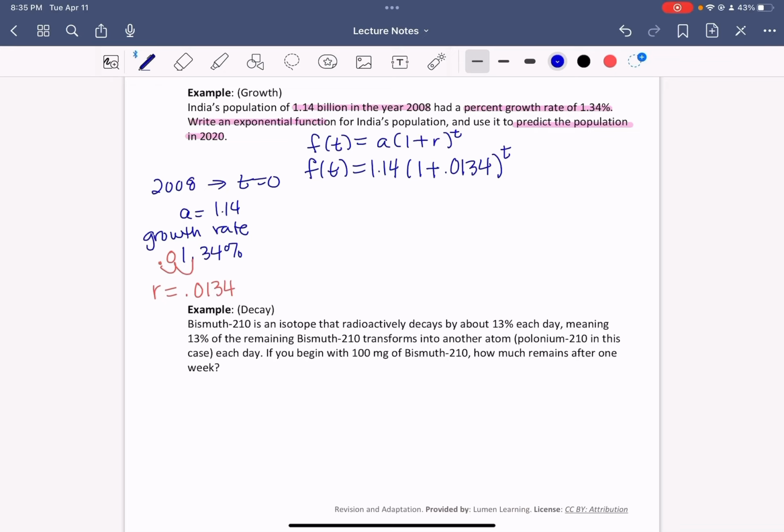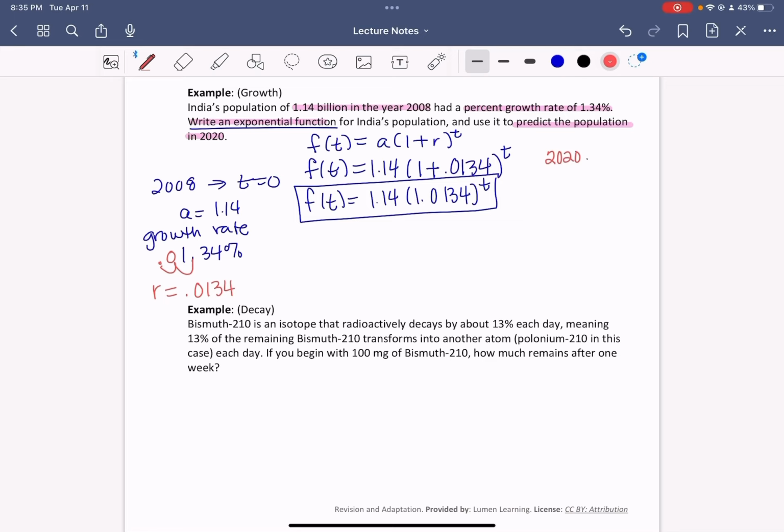If I clean up this formula, I have f of t equal to 1.14 times 1.0134 to the t. I just added those two together, and I now have that first part where it says write an exponential function. The next part says use it to predict the population in 2020. Again, we're not going to use a 4-digit year.